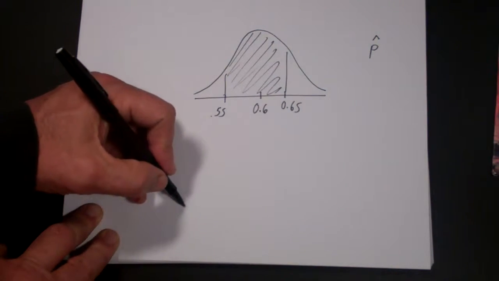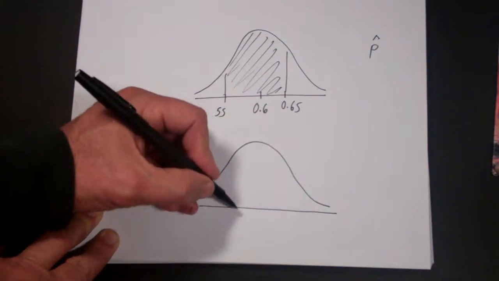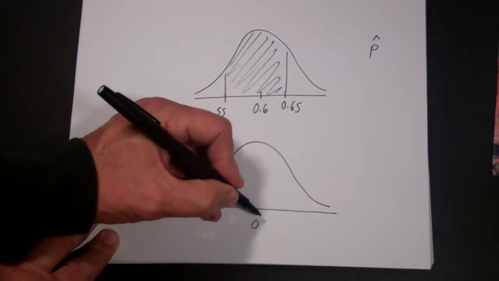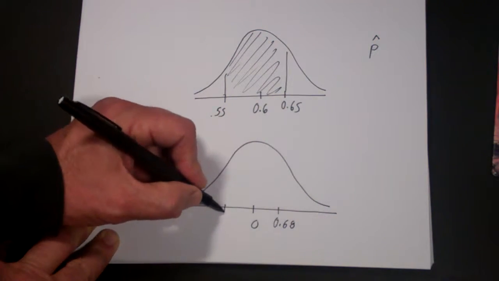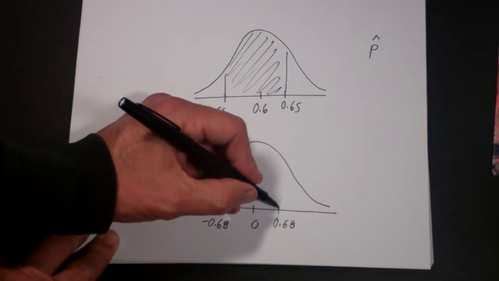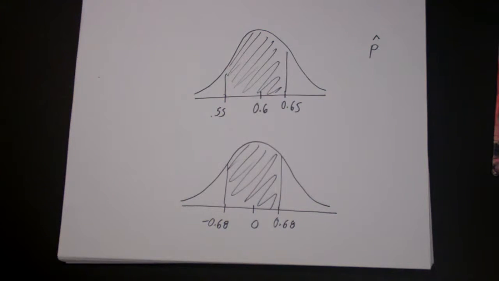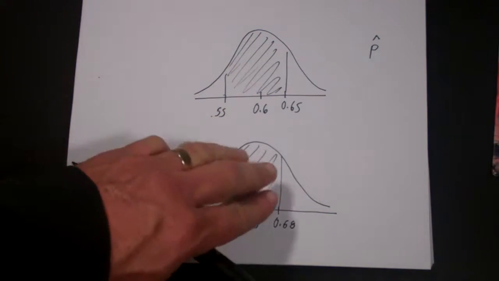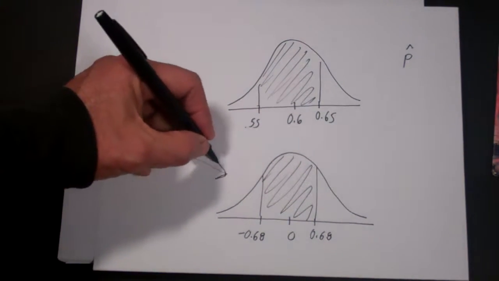But I'm going to do it with a z-table, so I want to translate that to a z-distribution, where this is 0, and this is 0.68, and this is minus 0.68. So what I'm going to need is to use the z-table to figure out what this area is right here.